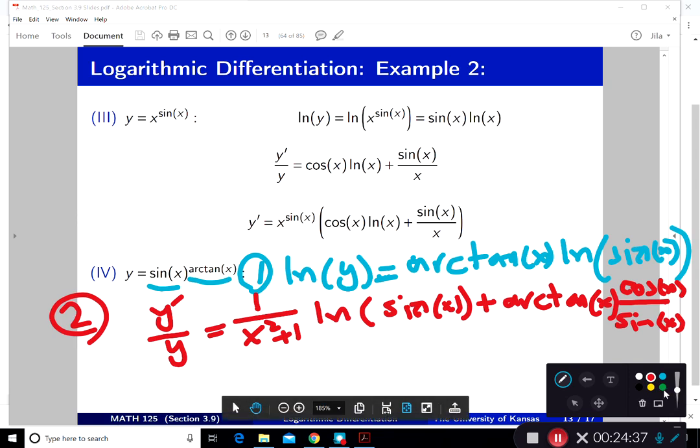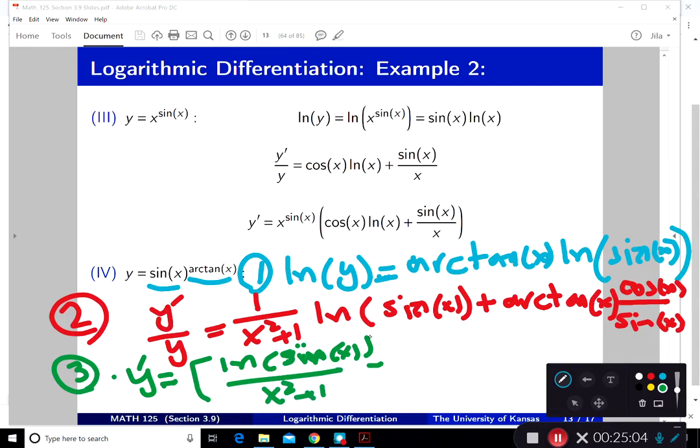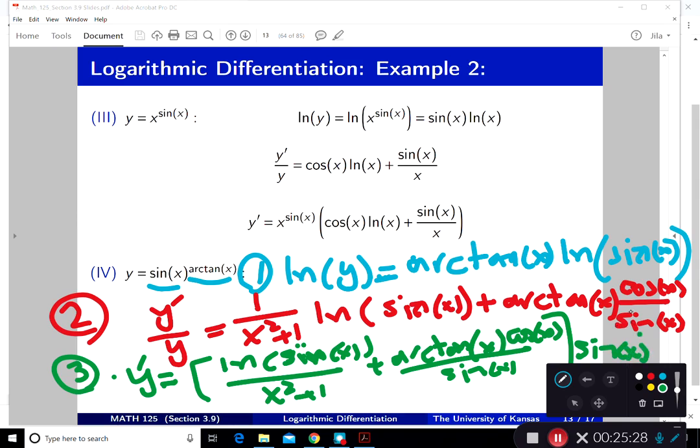Now, the very last step is to solve for y prime. y prime is equal to big parentheses, all you found, which is ln of sine of x divided by x squared plus 1 plus the arctan of x times cosine of x divided by sine of x, multiplied by y, which is sine of x to arc tan of x.